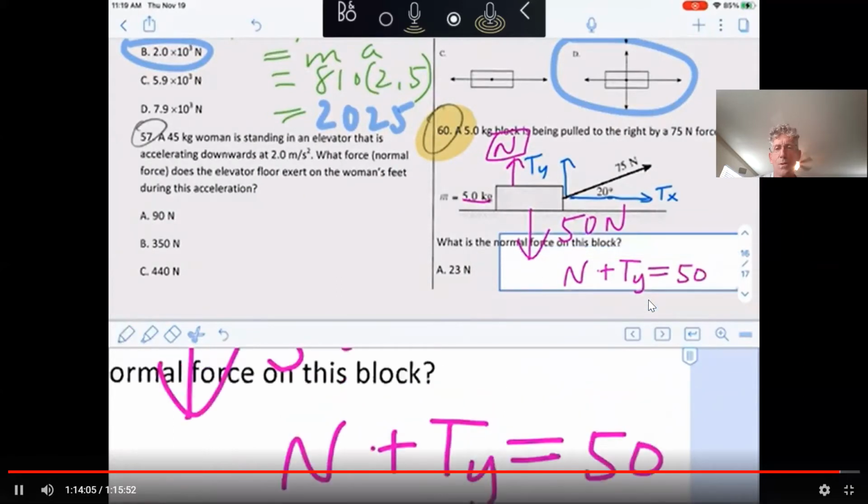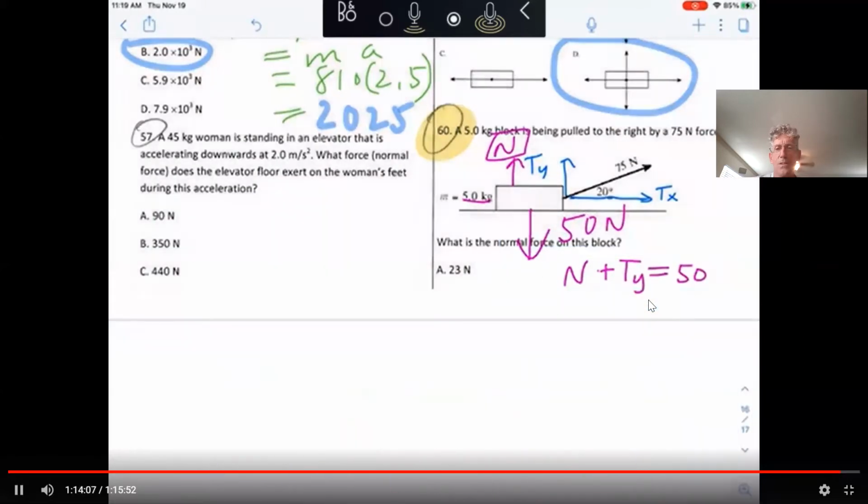Okay, so Ty is 75 times sine of 20. So I can find that and substitute it in for Ty.